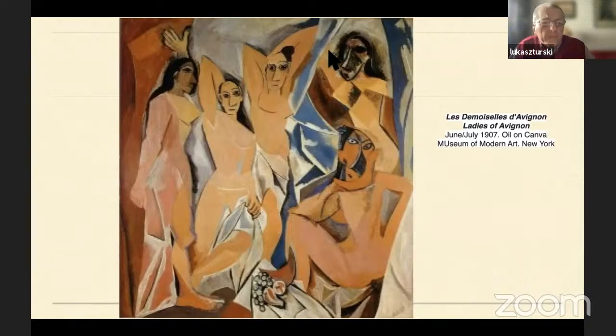And this is a painting which shows these two influences of mathematics on the art of the dominating for a while group or way of thinking about the art which originated in Bateau Lavoir.